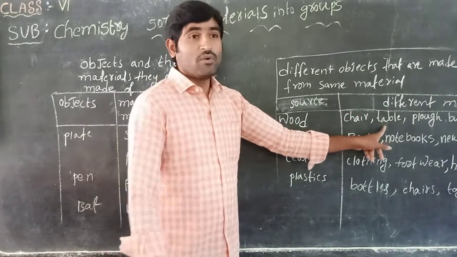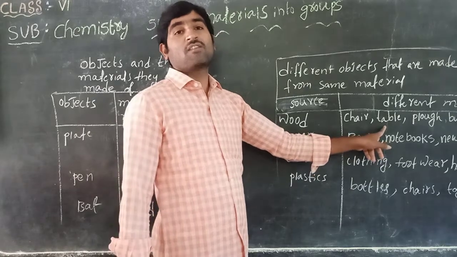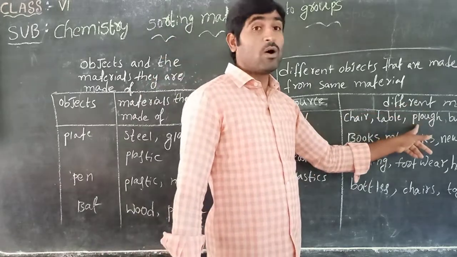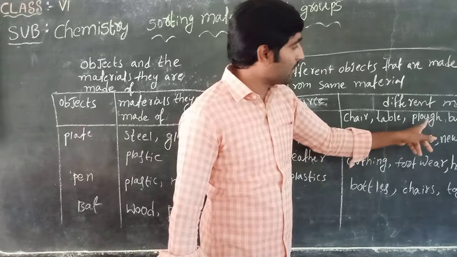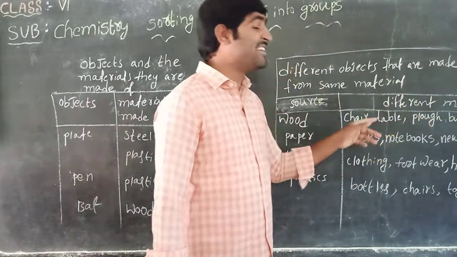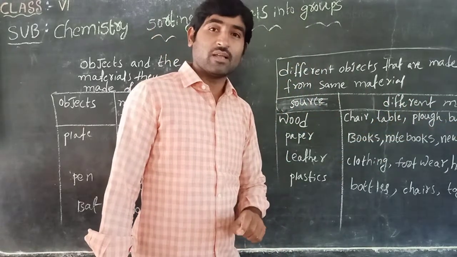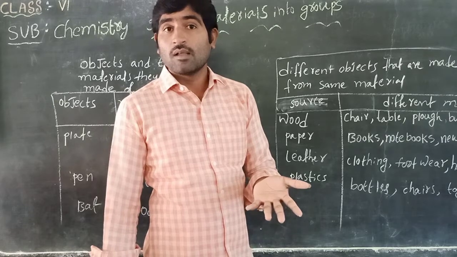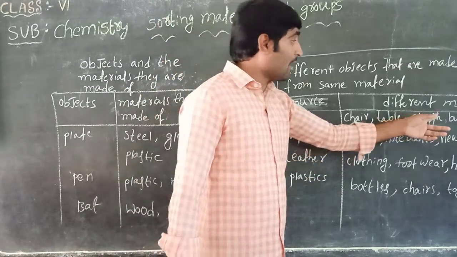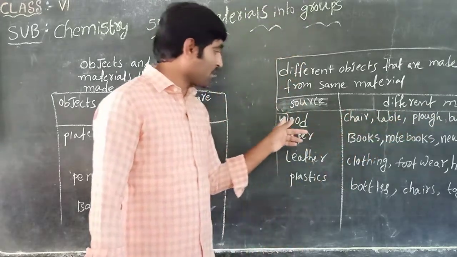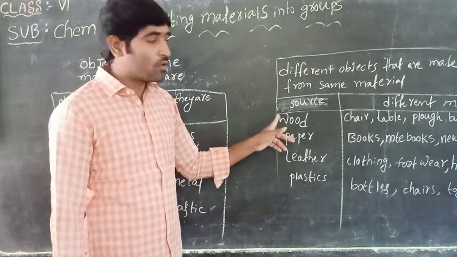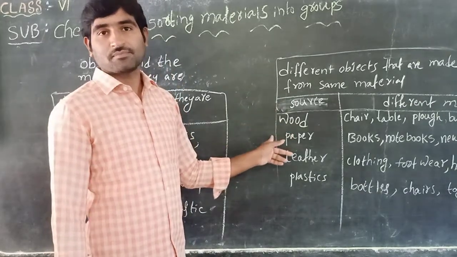Next, the table we are sitting at in our classroom. Which kind of table is that? Wood. Plow, it is an agricultural instrument. Bullock cart and its wheels. All materials are prepared from the same source. That is what? Wood.